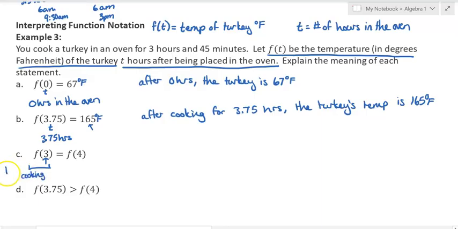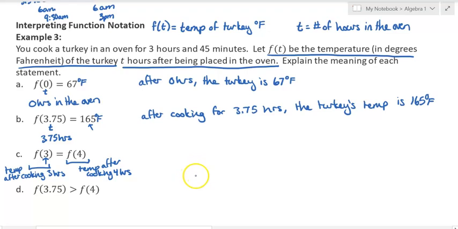The temperature after cooking 3 hours. This means the temperature after cooking 4 hours, and they are equal.